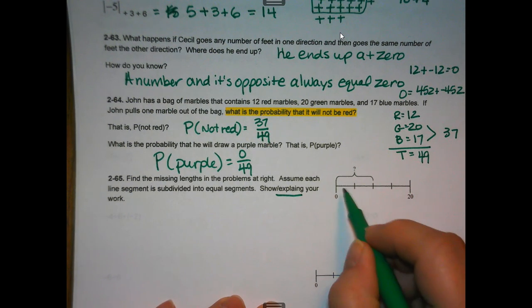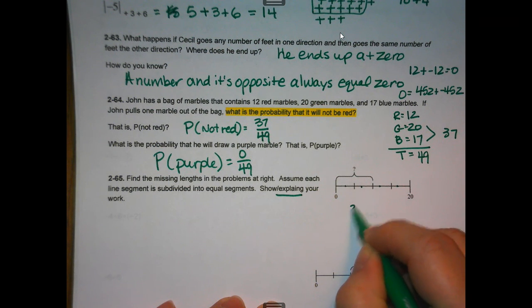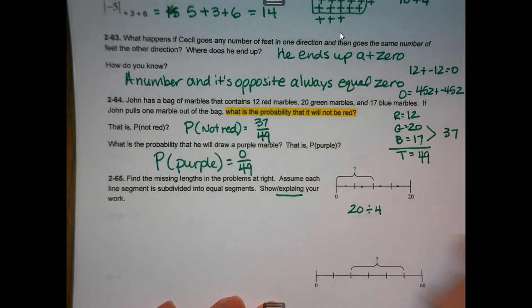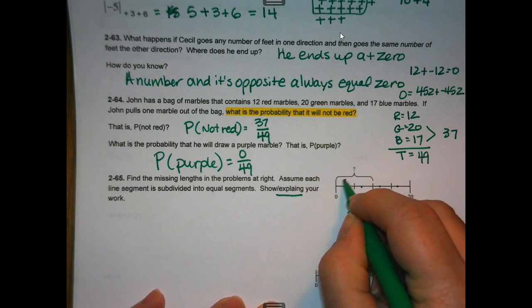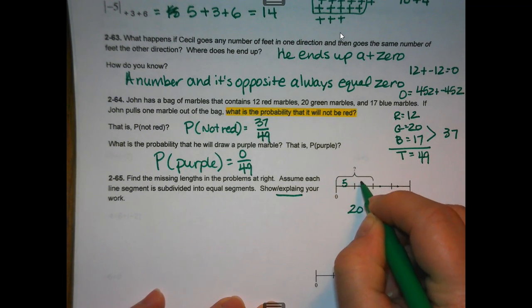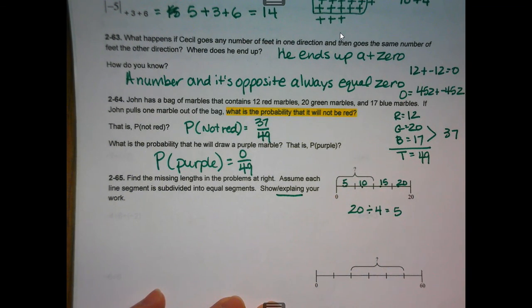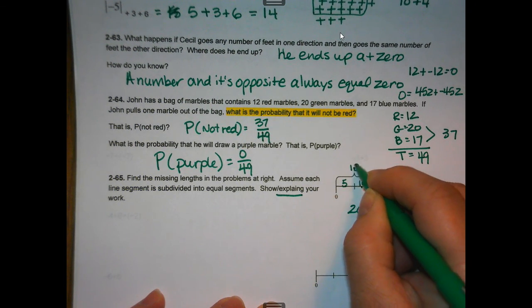Well, I know that there are 1, 2, 3, 4 parts. So we have 20 portioned into 4 parts. So that equals 5 per part. So this is 5, 10, 15, 20 altogether. So the part that has the question mark above it is going to be 10.